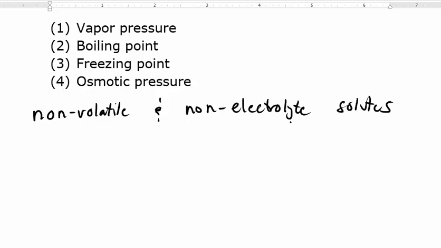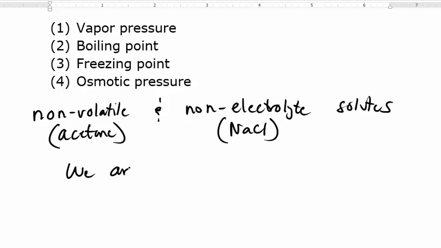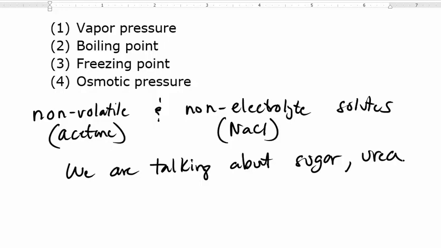So an example of a volatile solute would be acetone. An example of an electrolyte solution would be sodium chloride. It breaks into ions. So we are talking about something like sugar, or urea, or other things like that that aren't volatile and do not dissolve into ions.